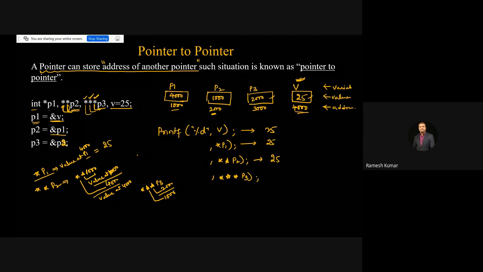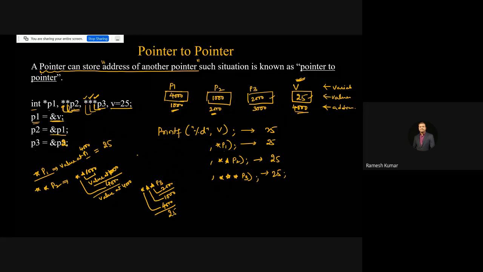Star 1000 says value at 1000. What value is there at 1000 location? 4000. Next, star 4000 means value at 4000. At 4000, what value is there? 25. So this is how we access the value of a variable using pointer, pointer to pointer, and pointer to pointer to pointer. Any bigger one you can do similarly. Okay, fine. These are the basic concepts of pointer to pointer.